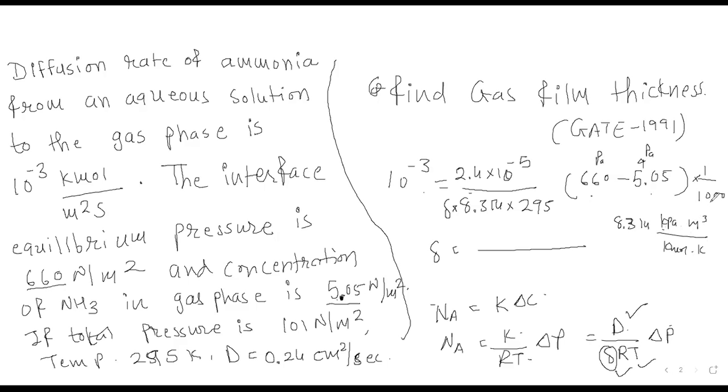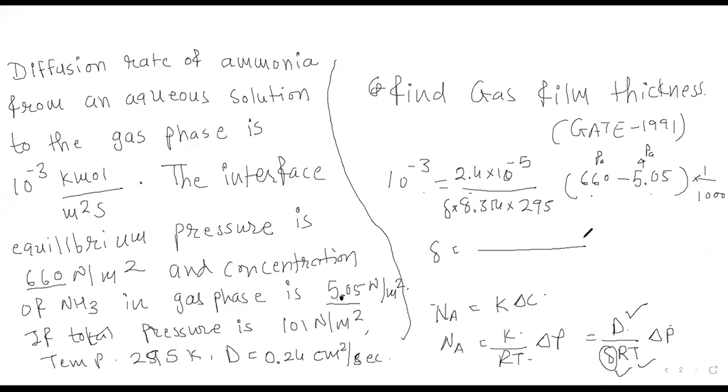So we convert, 1 kilopascal is equal to 1000 Pascal, so we divide by 1000. Whatever answer comes, it will come in meter. So because of unit consistency, we divide by 1000.